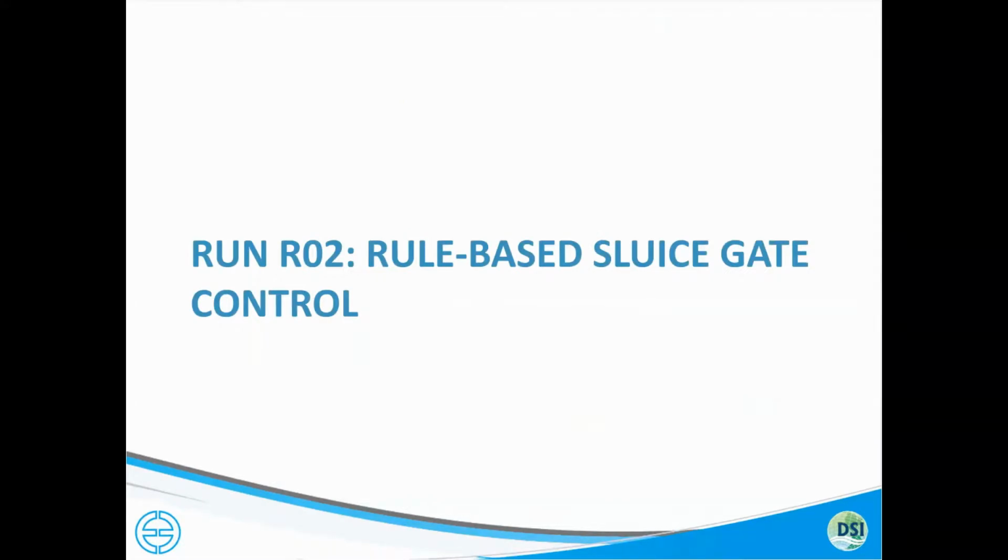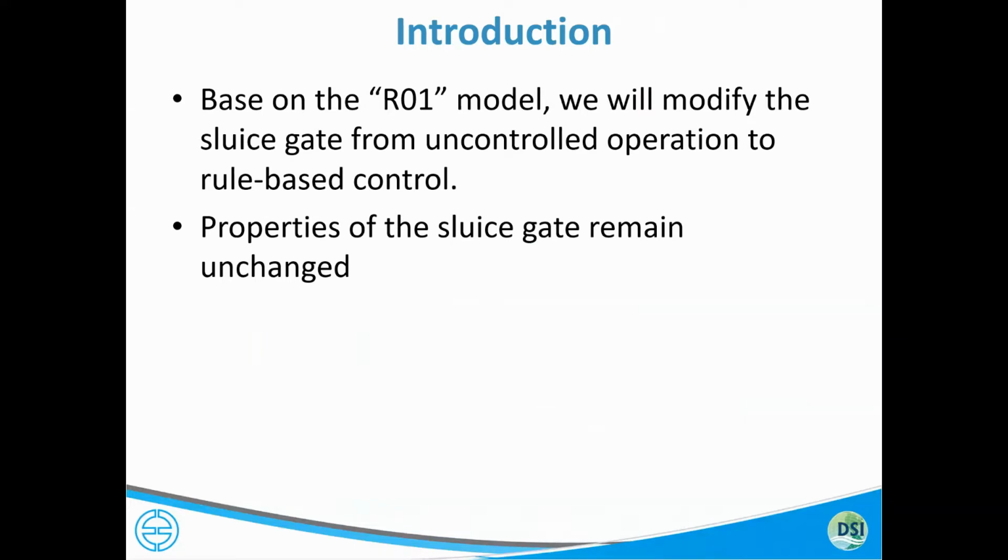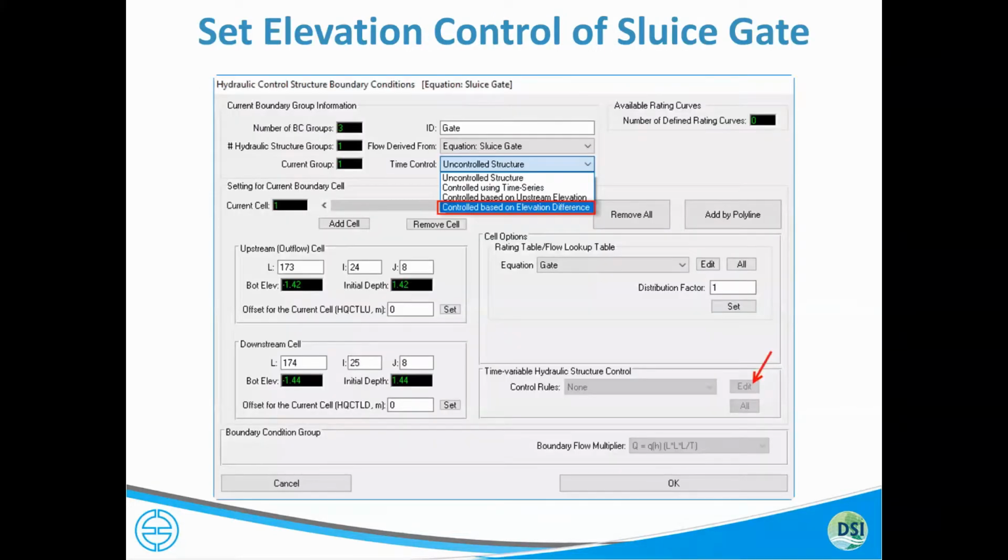So to apply a rule-based sluice gate control, we'll use this original model, what we call the uncontrolled model, and then build in the properties necessary to adjust the timing of the opening conditions for that sluice gate. Originally with the R01, we had it set up as uncontrolled.